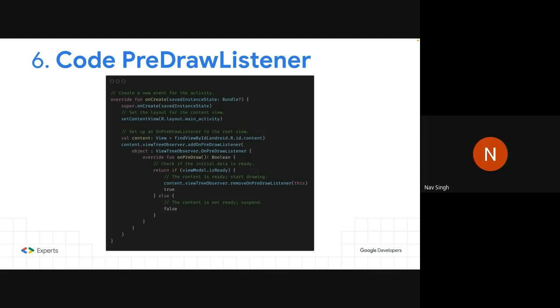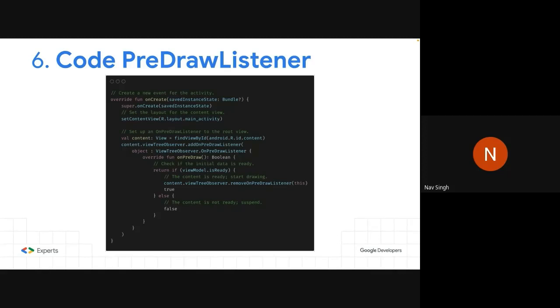On preDraw, you need to do your stuff and return true when you feel you are okay and it's time to move to your application's content, and the splash screen goes away. Here I just added a sample flag: return viewModel.isReady.